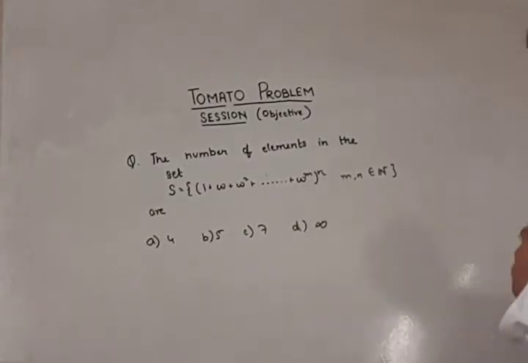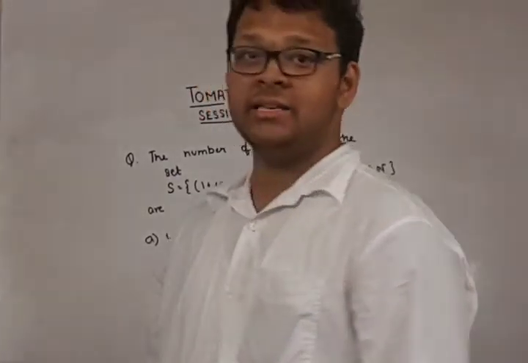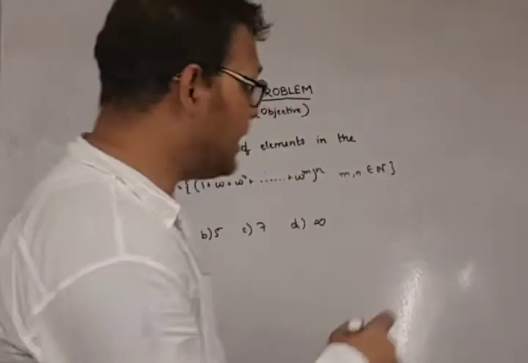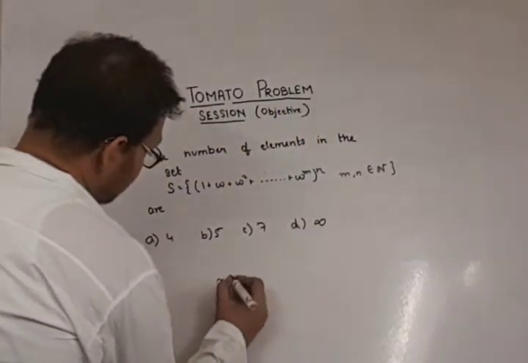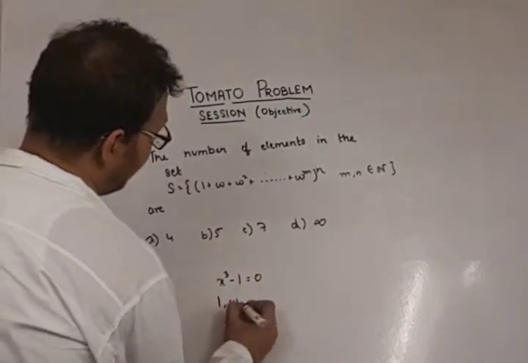So now we are mainly focused on this problem. We want to know what basically omega is. Omega is what we know as the complex cube roots of unity. The solutions of the equation x cubed minus 1 equals 0 are 1, omega and omega square.